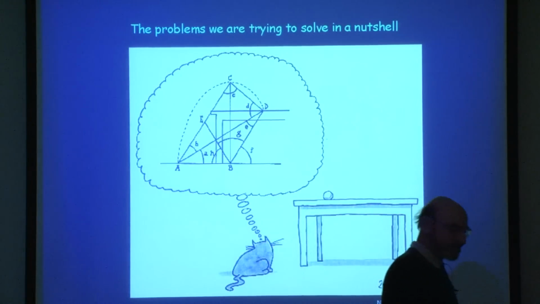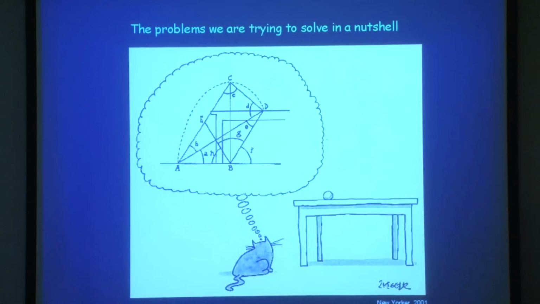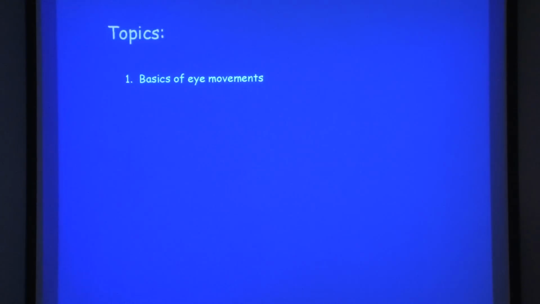and what neural structures are involved in this, and what are the various roles these neural structures play to generate those eye movements. Now, here are the topics. First of all, we're going to look at just the basics of eye movements. Then we are going to look at the so-called eye plant and the brainstem nuclei, which are involved in moving your eye muscles.